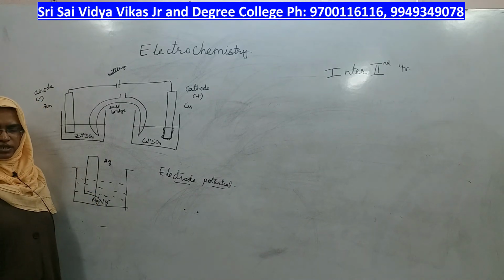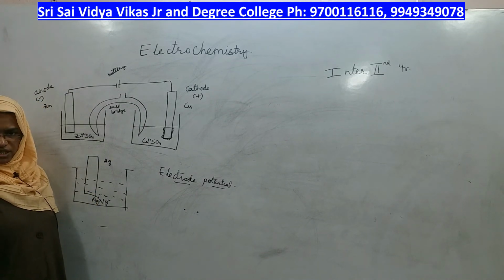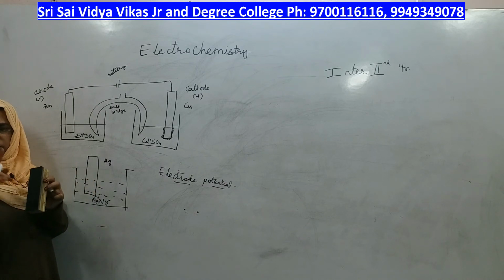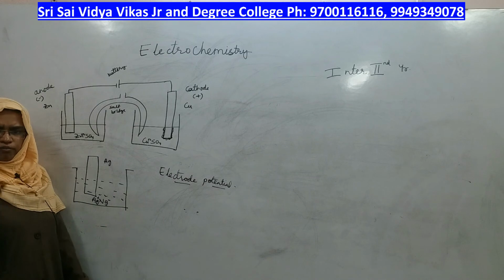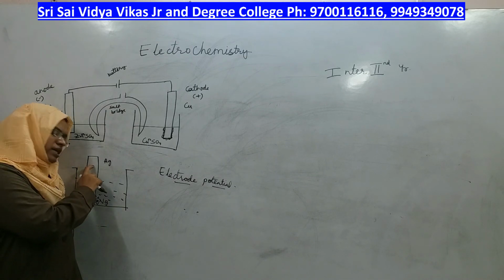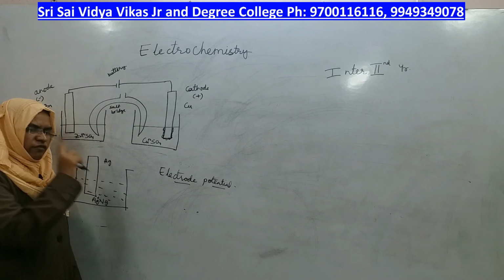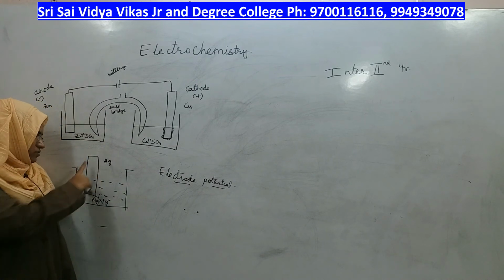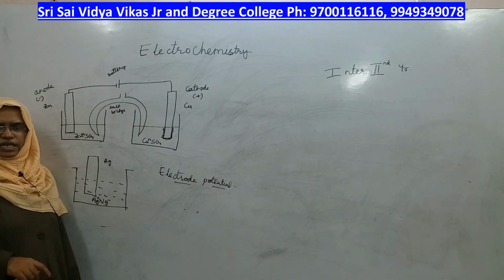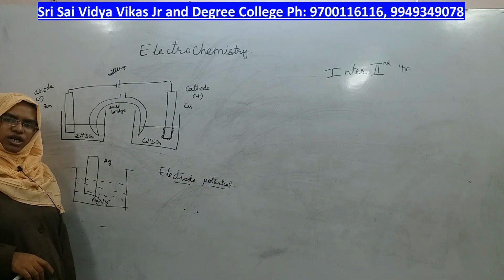When that happens, there are two possibilities. Whenever a metal is in the solution, there will always be two possibilities. One possibility is from the metal rod: so many atoms will be there in the rod, right? Out of that, one of the atoms can undergo oxidation.